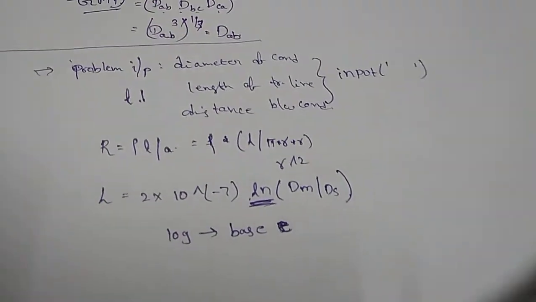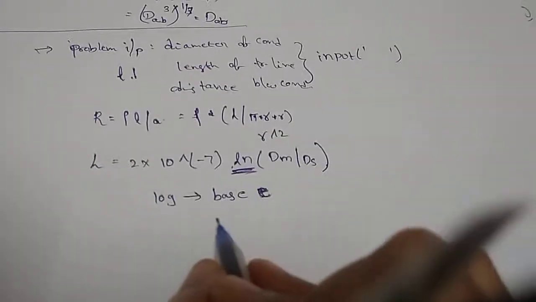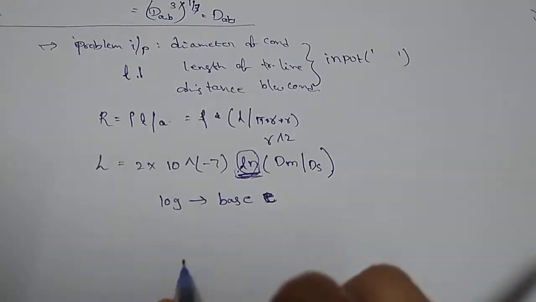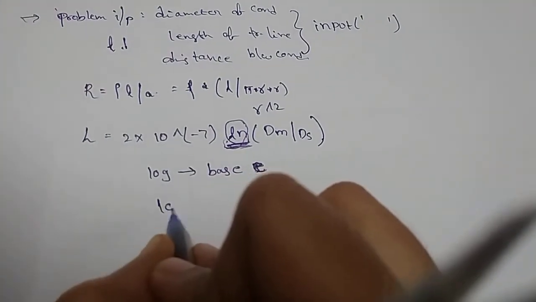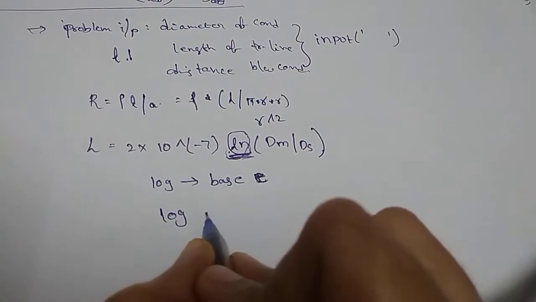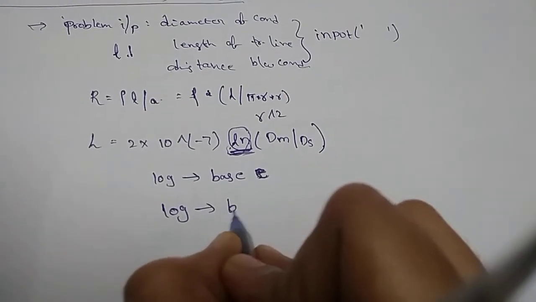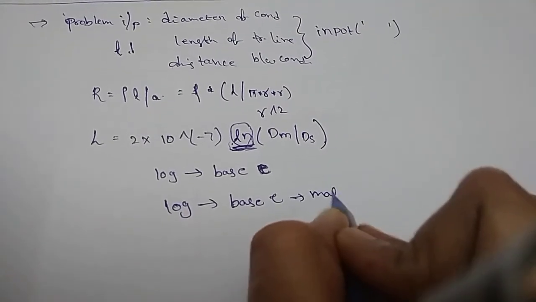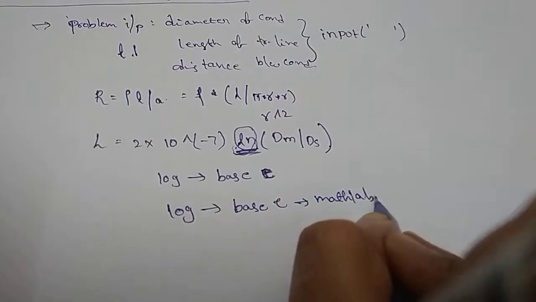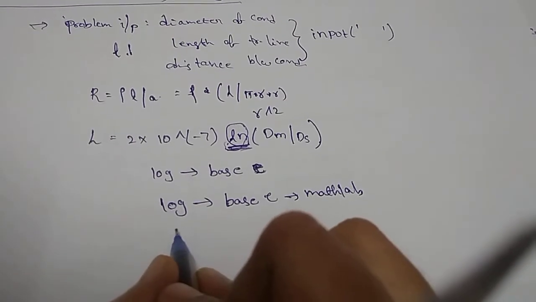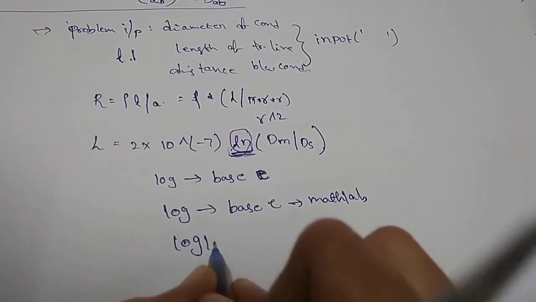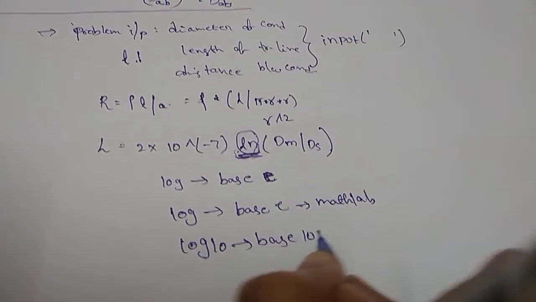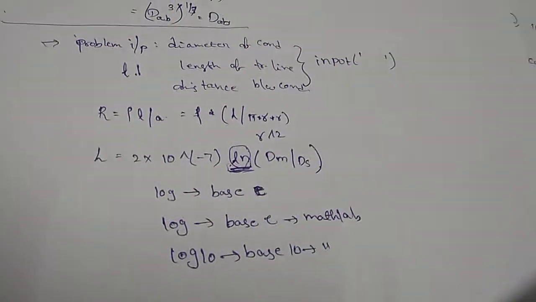So when coming to MATLAB, please observe one variation. We didn't have this ln directly. Log itself we have. This represents base e in MATLAB. If you want to represent base 10, you have to write log10, that is base 10. This is the format in MATLAB.